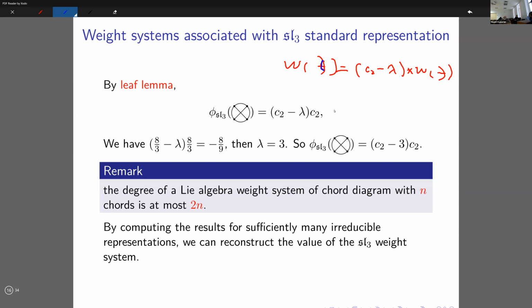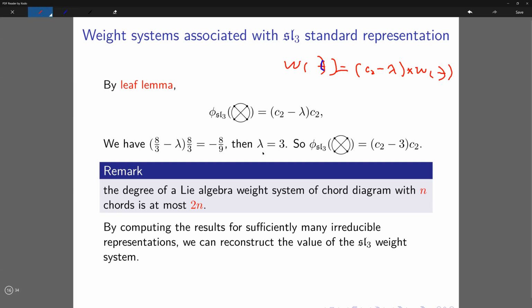Okay. So because of the leaf lemma, we know that the weight system of this chord diagram of degree 2 is C2 minus lambda times C2. And by the standard representation, we know that C2 takes value 8/3, and the weight system takes value minus 8/9. So we get lambda equals 3.